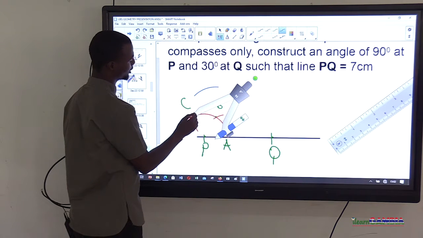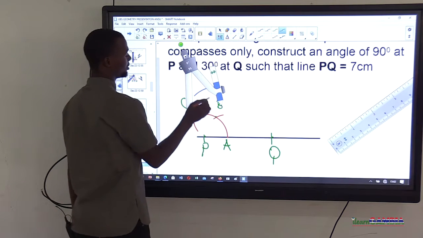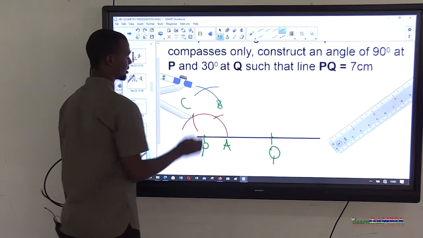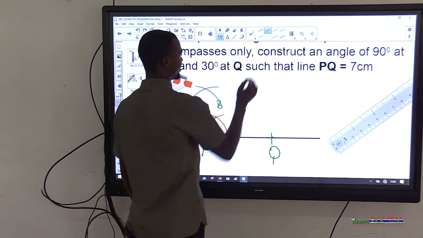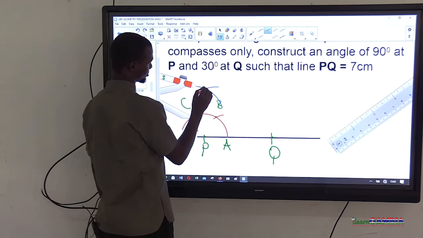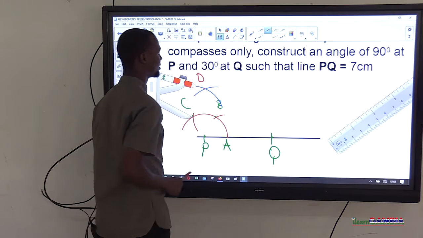Make sure you get your points properly. Draw another arc to cut the previous arc. Where the arcs intersect, let's call that point D.